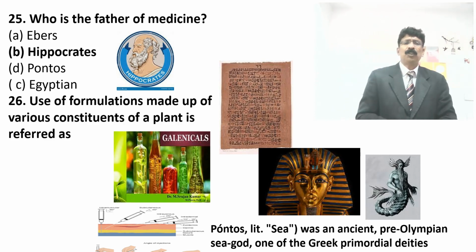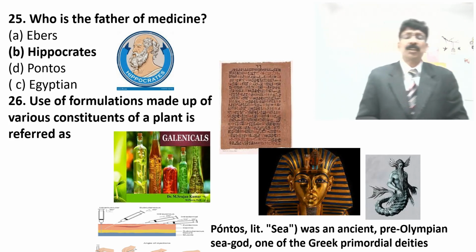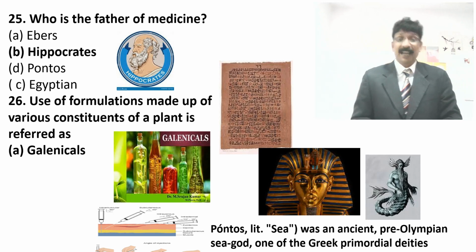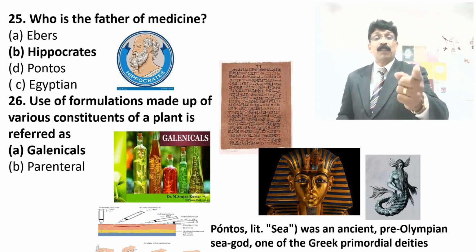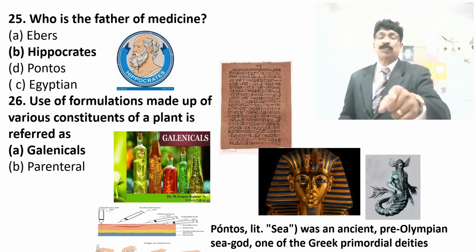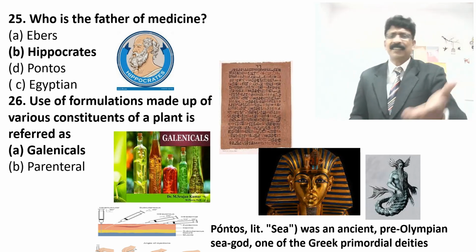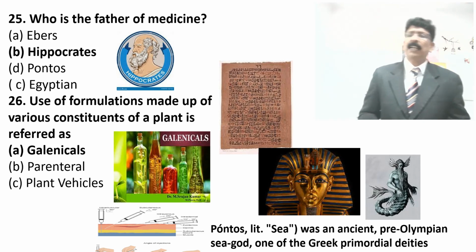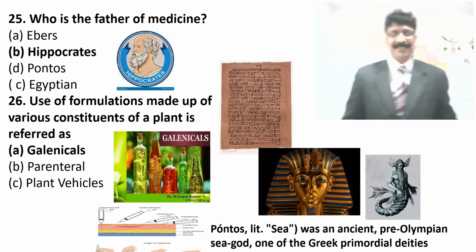Use of formulations made up of various constituents of the plants is referred to as galenicals. Galenicals is the answer for formulation made of various constituents of the plant. Parenterals, you know the picture: injections, syringes, needles, vials, ampules, vehicles. Simply the answer is not that.